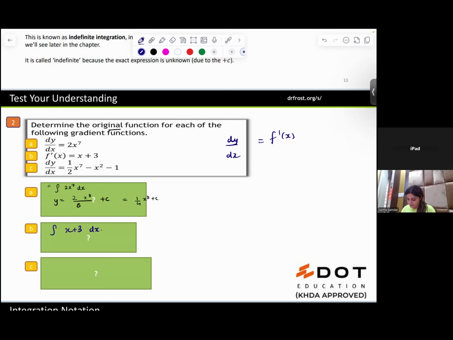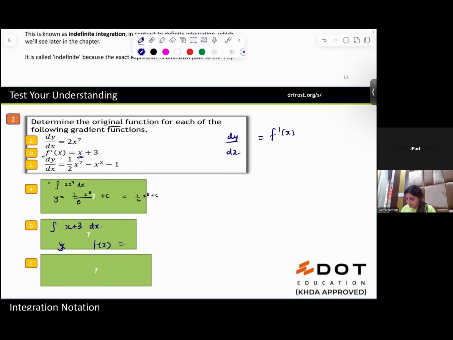So this becomes y. But since it is f dash x, I can use f of x is equal to, add 1 to the power, divided by the new power, plus 3. I add 1 to the power, that means I add an x, and I get plus c.